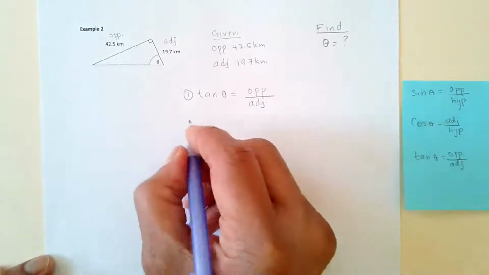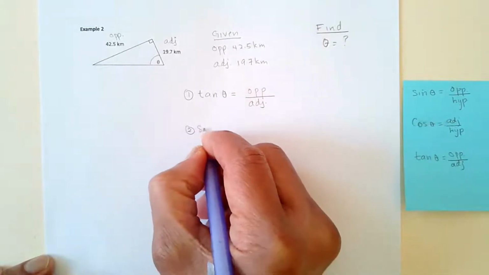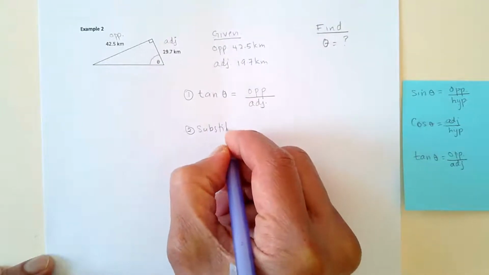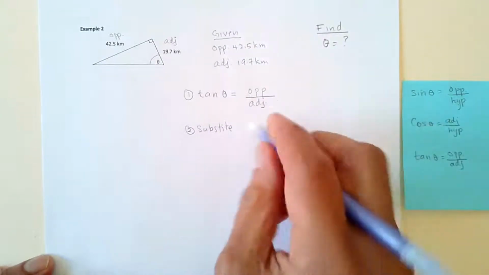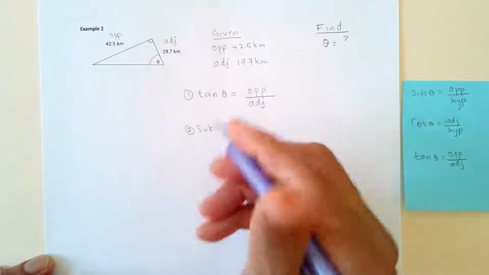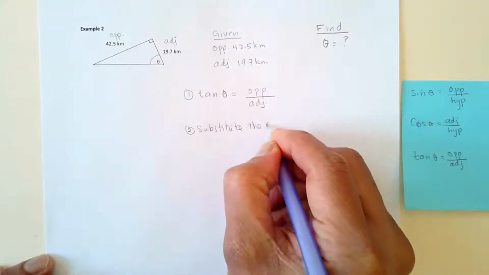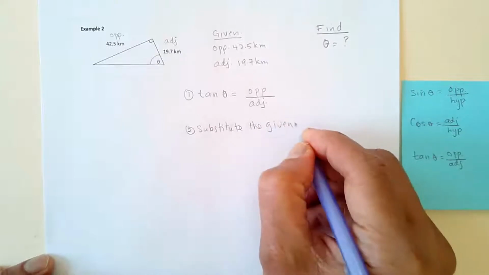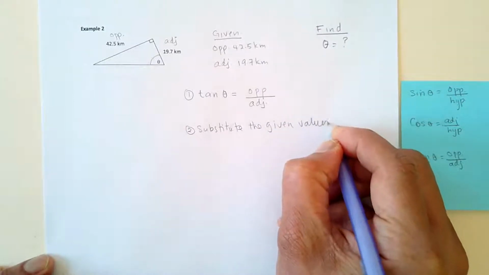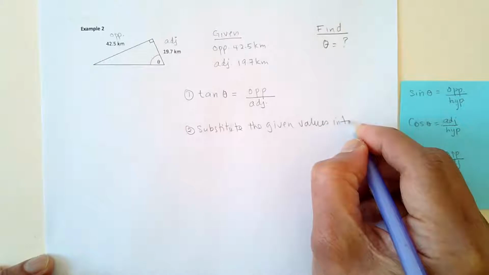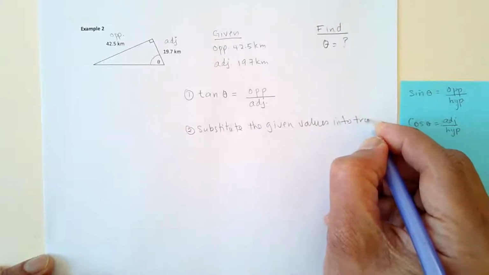So now I substitute the given values into the trig ratio.